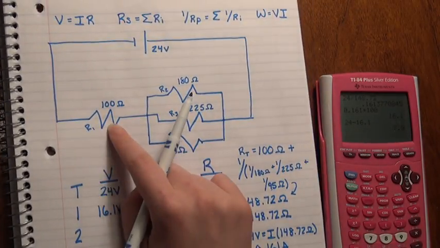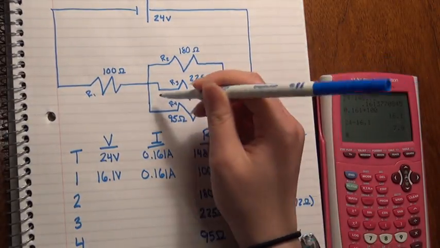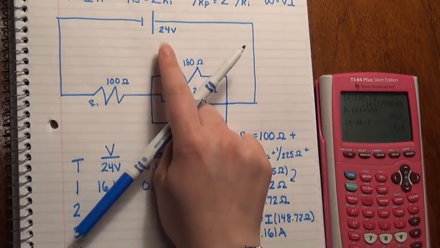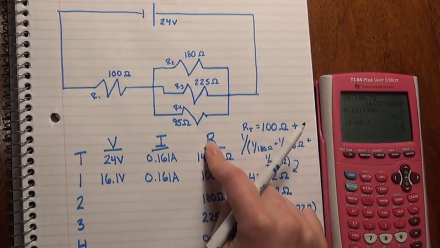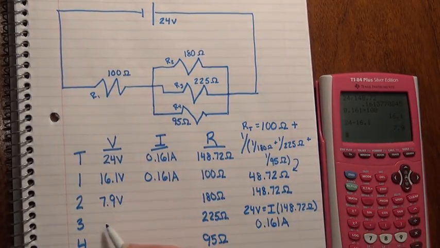If we've used 16.1 volts across the first resistor, and we can only take one of each of these paths back to our power source, we know that the voltage across each one of these resistors has to be 7.9 volts. So we can go ahead and add that in here.